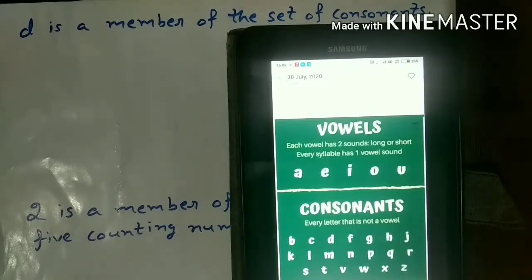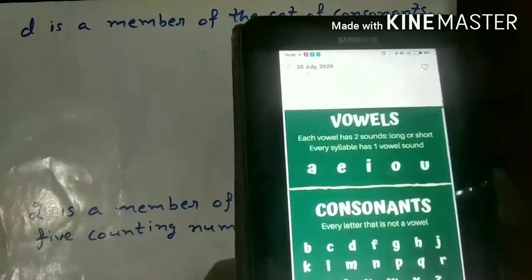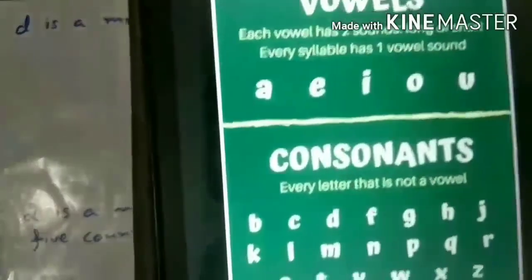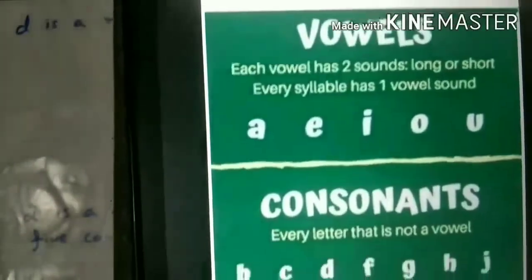Here you can see that D is there, so D is a consonant. From near you can see that these are the consonants and these are the vowels of the English alphabet.